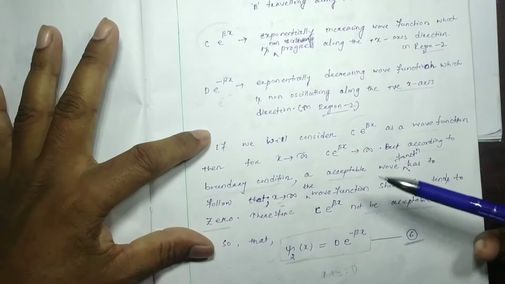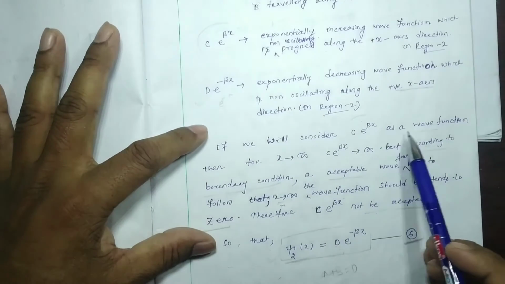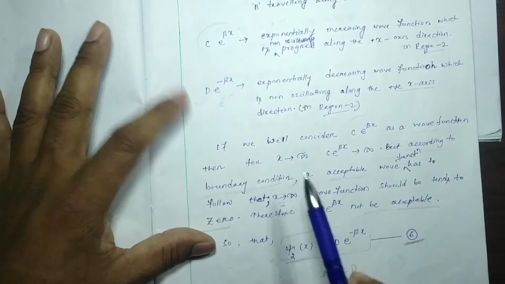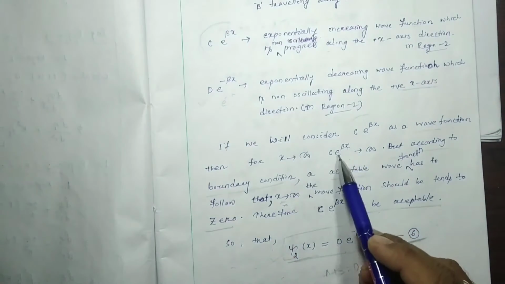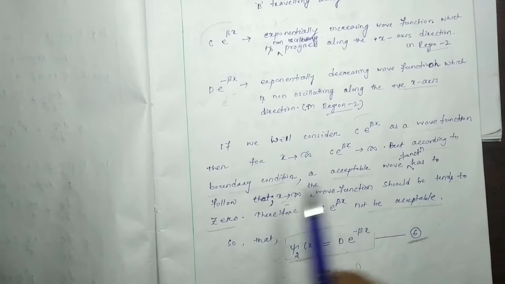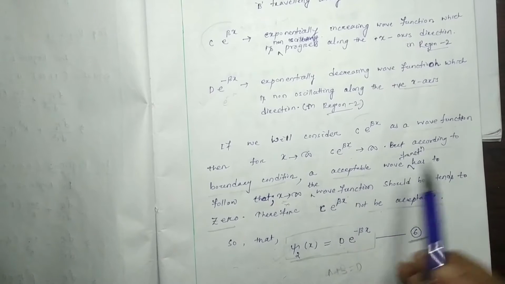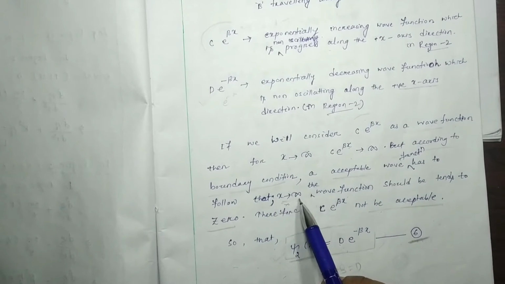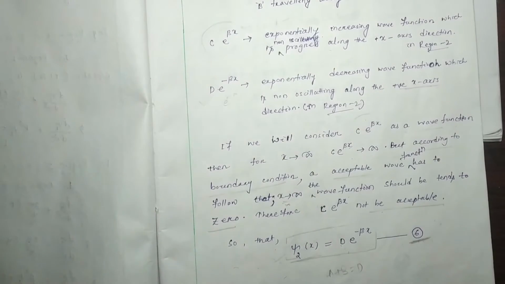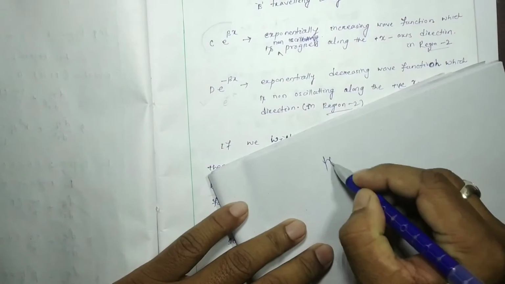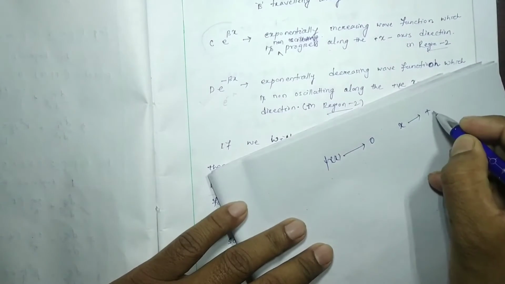At that time we discussed that if we consider C e to the beta x as a wave function, then for x tends to infinity, C e to the beta x tends to infinity. But according to the boundary condition, an acceptable wave function has to tend to 0 when x tends to infinity. That means any wave function psi x should be 0 when x tends to plus or minus infinity.